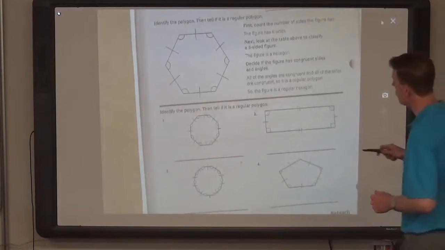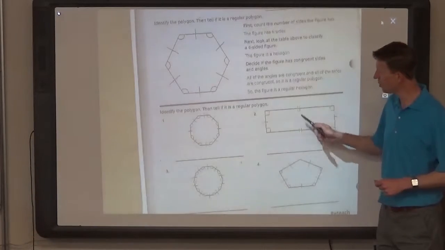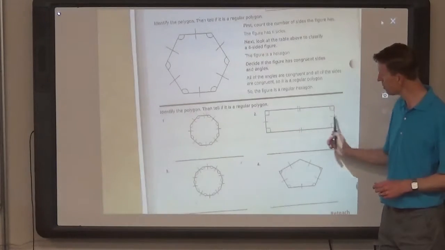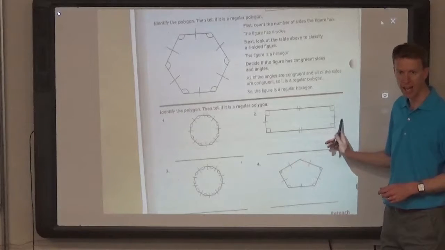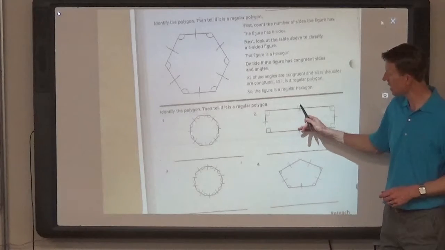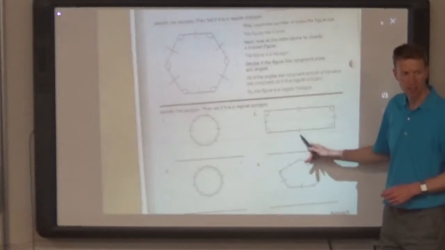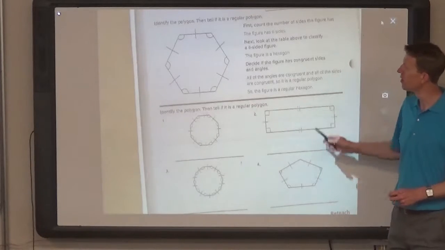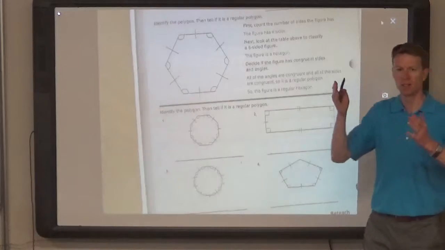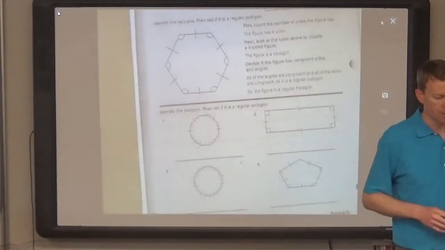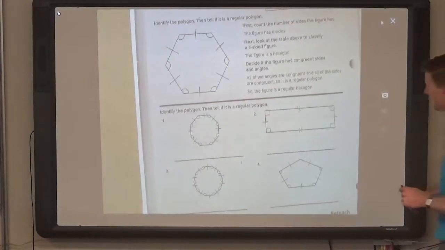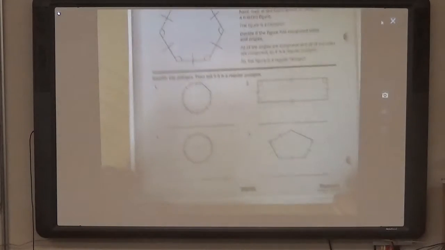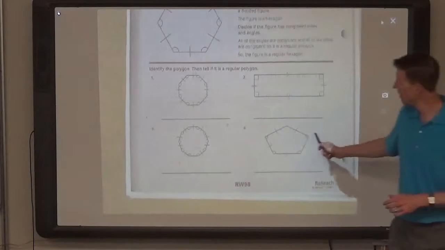Alright, so in number 2, these are referring to sides that are the same length. These 2 sides are the same length, so they're marked with 1 dash. These 2 sides have 2 dashes. They're opposite each other, and they are also congruent. This is another way of marking congruence on sides. If you were drawing something and you wanted people to know that something was congruent, you would mark it the same way.